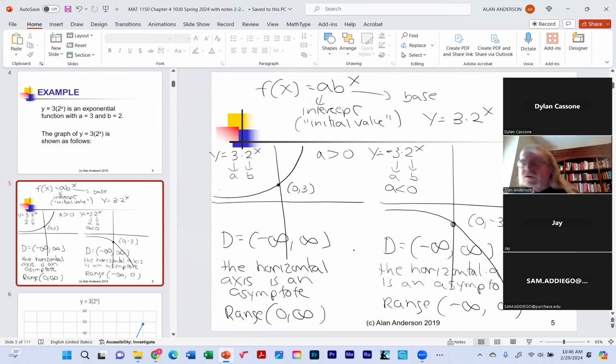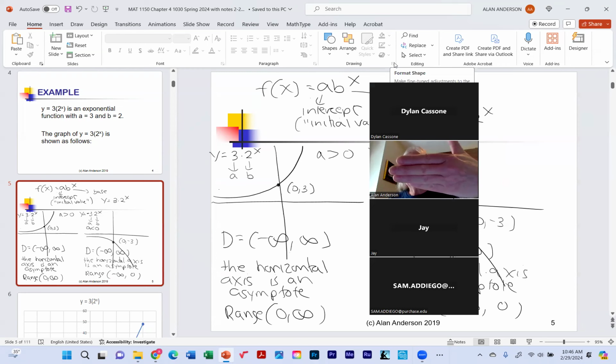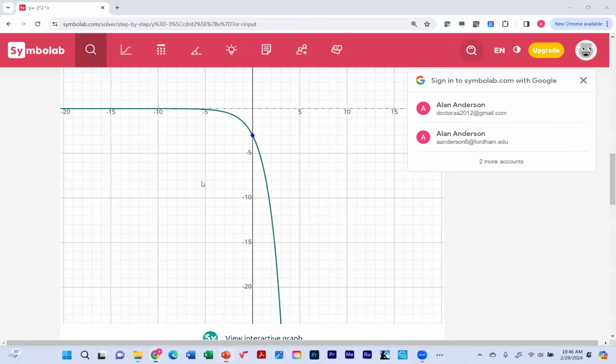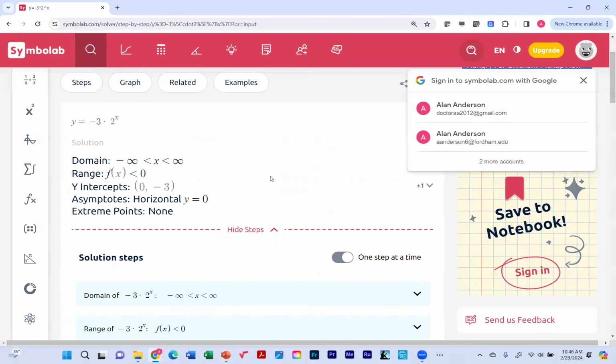So think of this as if I took the function on the left and just flipped it upside down with respect to the horizontal axis. That's because of this negative here. Interesting. And by the way, Symbolab will tell us all this too. If you look up here, it's trying to be helpful.